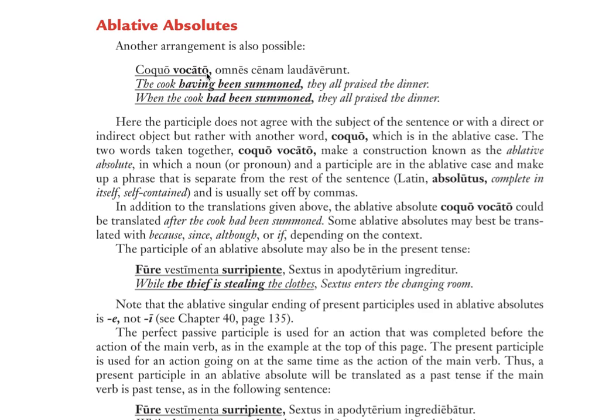And that's what it looks like, especially when it's modifying a masculine noun like coquus. So the noun and the participle, which describes it, are both put into the ablative case. And from this we have cook, and this is having been summoned. And that can be translated: the cook having been summoned, all praised the dinner.